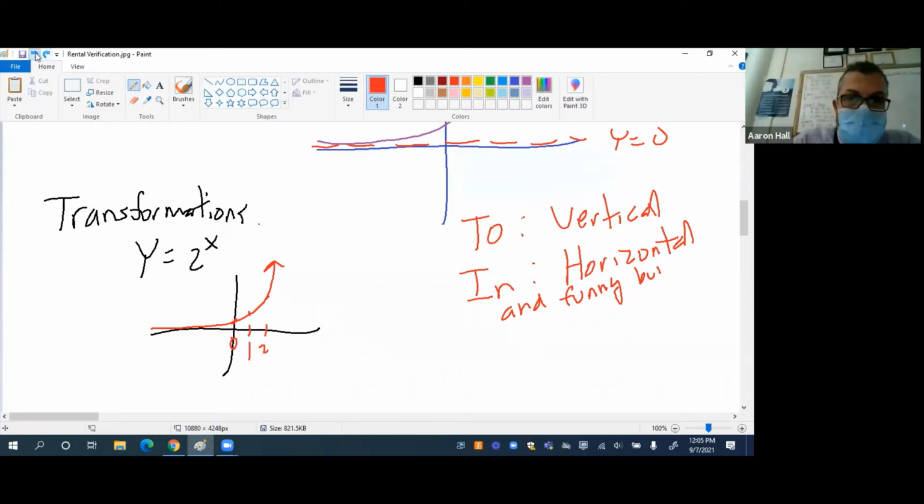And funny business. And so if I multiply a negative in the front right here, then that's going to be to the function. We're taking all the function, we're multiplying it by a negative, which is going to give us a vertical reflection.